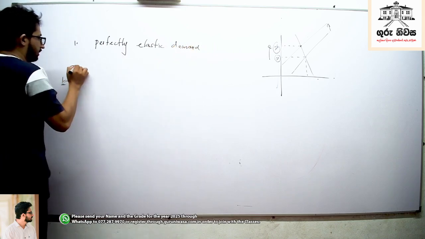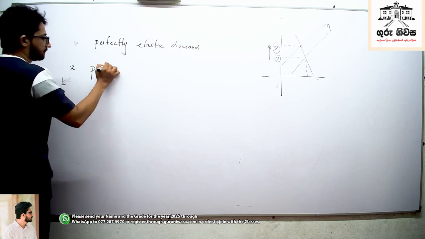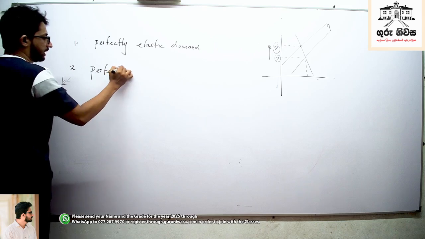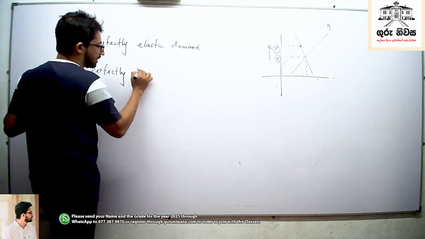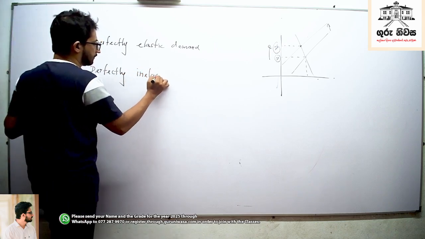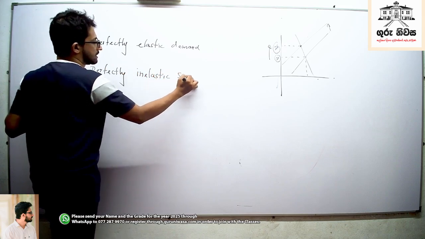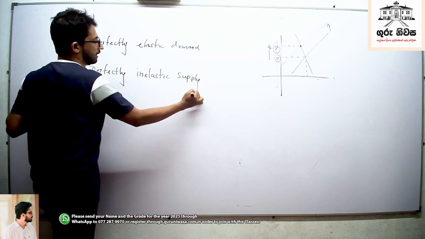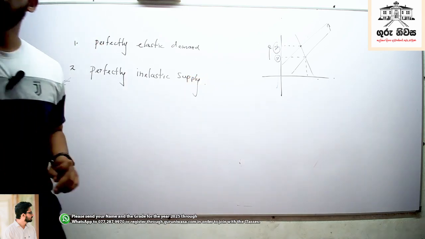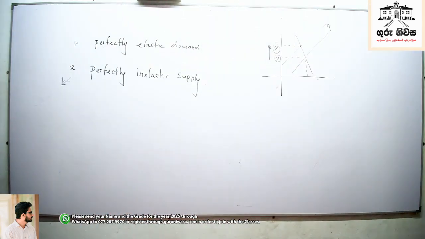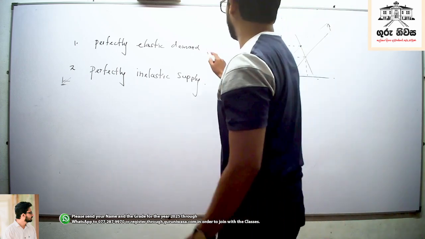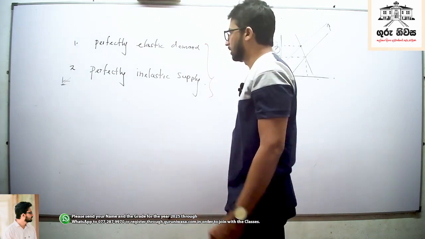Second one is perfectly inelastic supply. In these two situations, the total tax burden goes to the producer. Draw these two as homework.